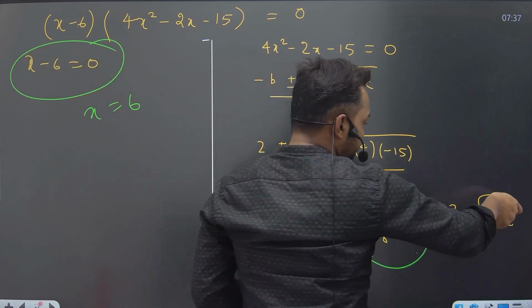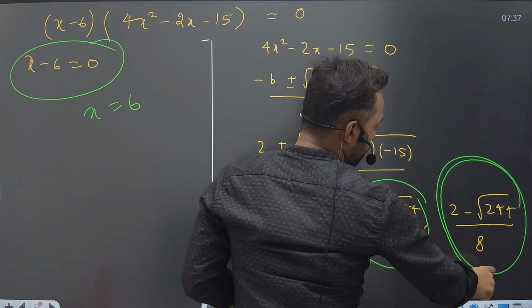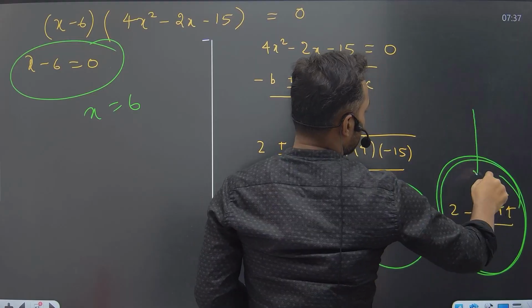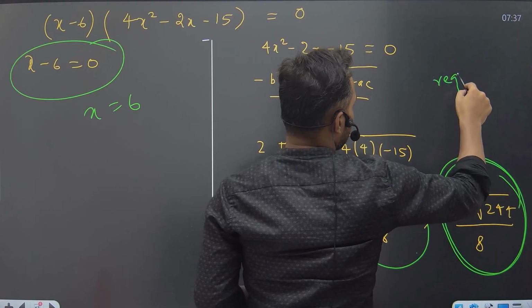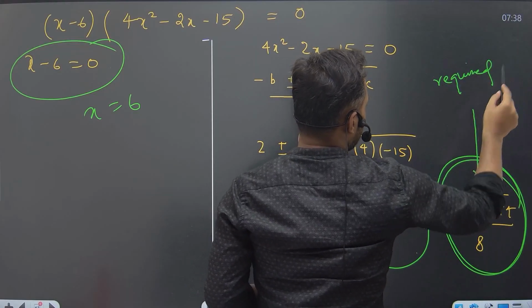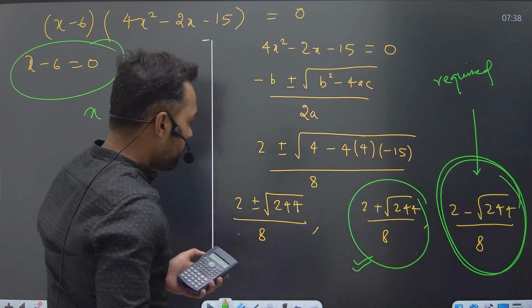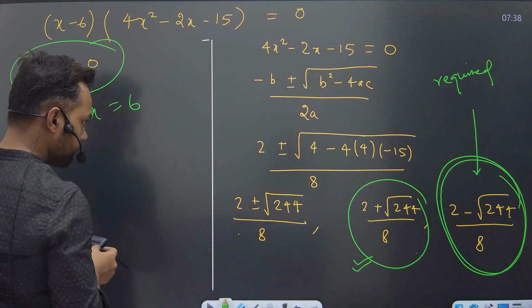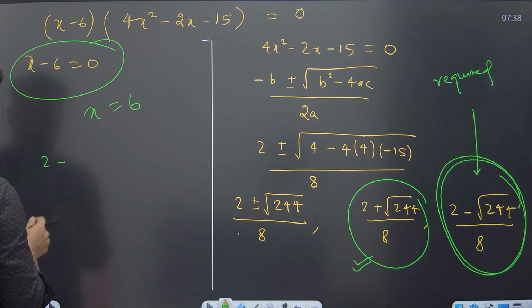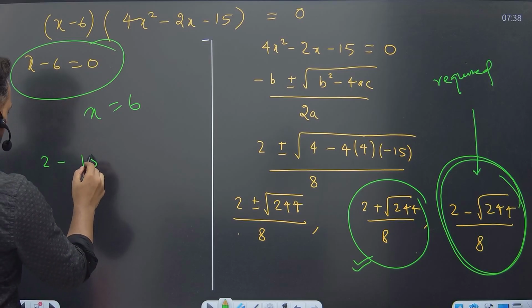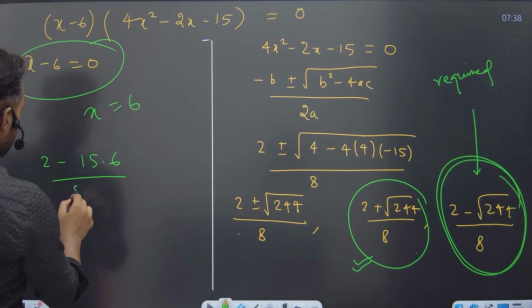So what will be the required value? This will be the required value of x. So the required value will be 2 minus root 244 upon 8, which is about negative 1.7.